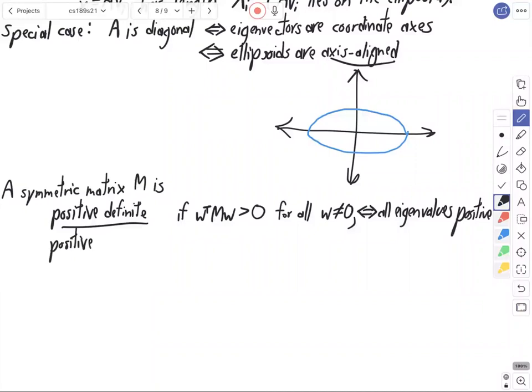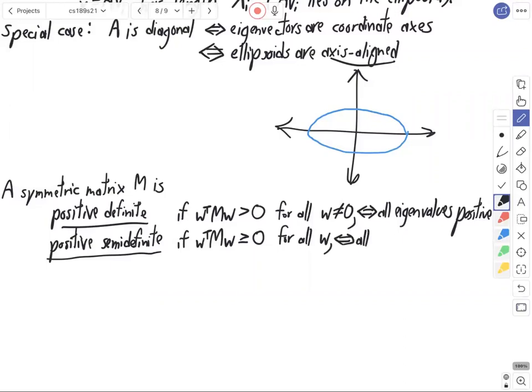A symmetric real matrix is positive semi-definite, which is a slightly weaker condition. All it requires is that W transpose MW is greater than or equal to 0 for all the vectors W, or equivalently, no eigenvalues are negative.